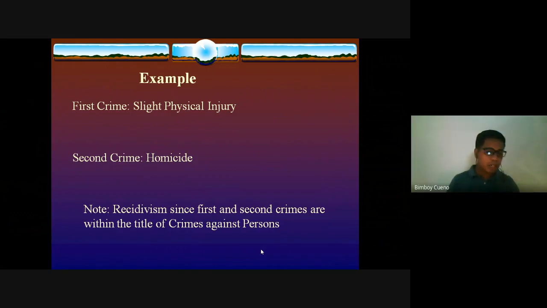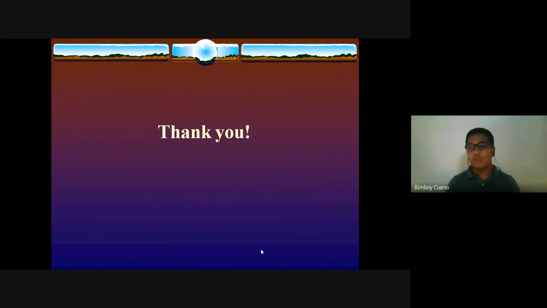So you shall not consider the individual as qualified under habituality or reiteration, but rather the person shall be qualified under recidivism. Why recidivism? Because again, slight physical injury and homicide are two crimes clustered in the same title of the Revised Penal Code. So those are the four classifications of criminals according to the Revised Penal Code.